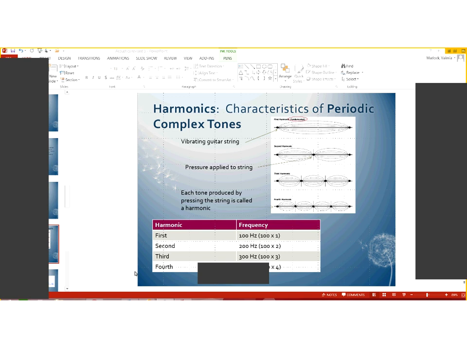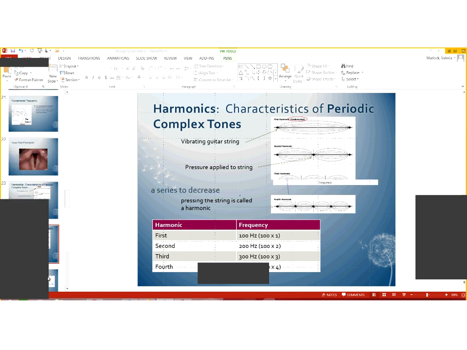So each harmonic will be multiples of 250. Remember, speech is made up of multiple, complex tones, and your vocal folds are producing multiple tones that are multiples of the fundamental frequency. Questions?